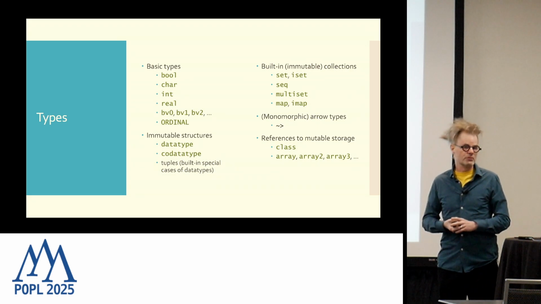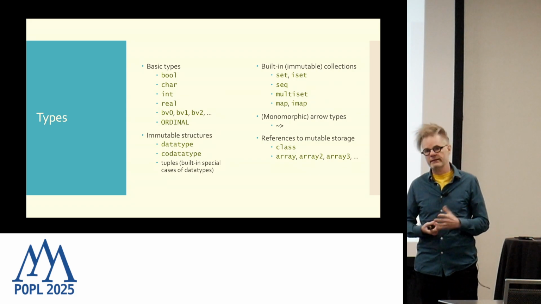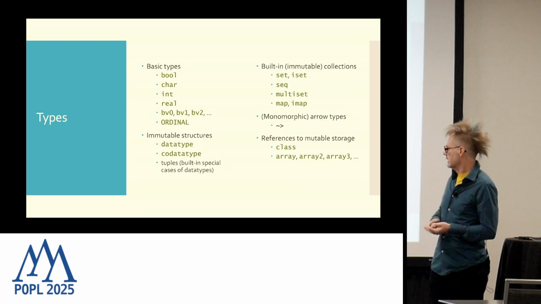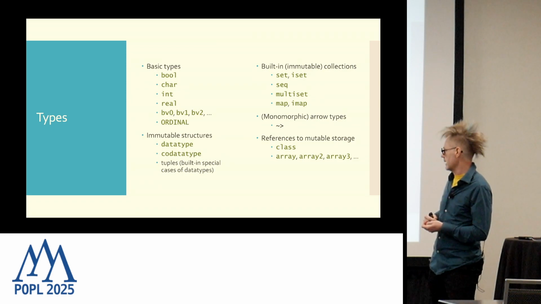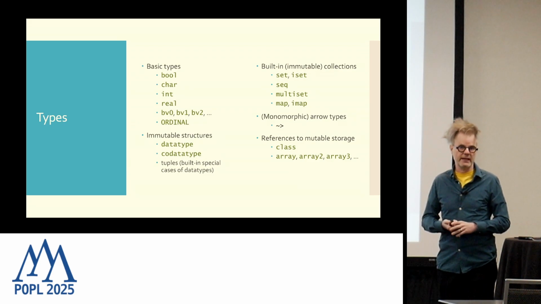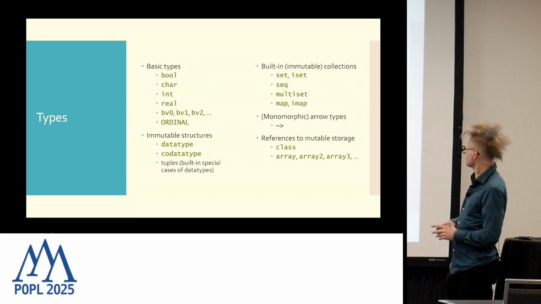There are immutable structures like inductive data types, or what I call algebraic data types, and they exist in both inductive and co-inductive variants. Not many languages support co-induction and co-data types, but Dafny' does. And there are tuples, which are just a special case of data types, but with a special syntax.